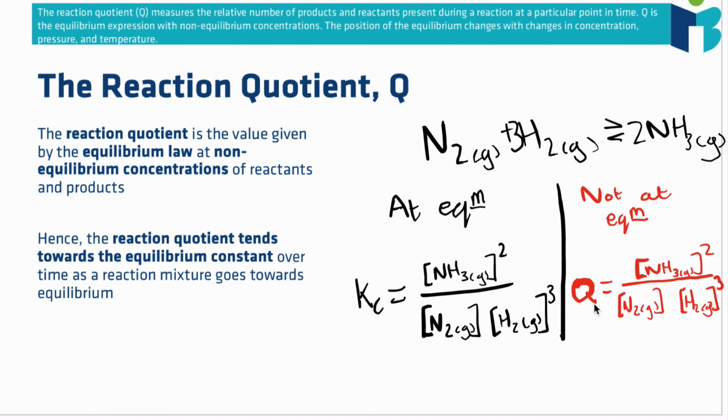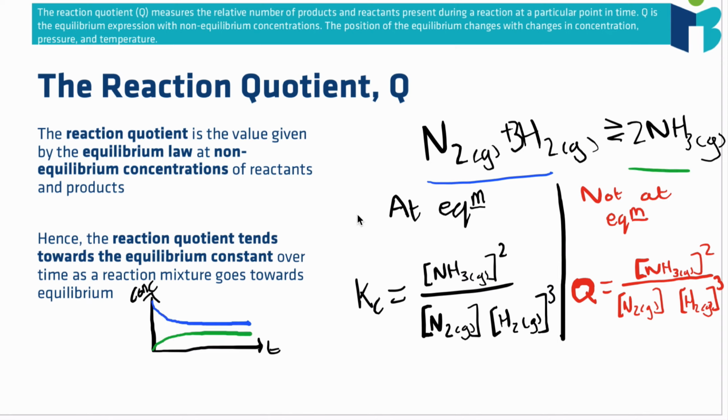So hopefully you'll recall that when we have an equilibrium, we expect the concentration of our reactants to decrease, the concentration of our products to increase up to the point where they plateau and become constant. So in this case, we have the concentration of our reactants shown in blue, the concentration of our products shown in green. Concentration of our reactants starts off high, decreases to some constant value.